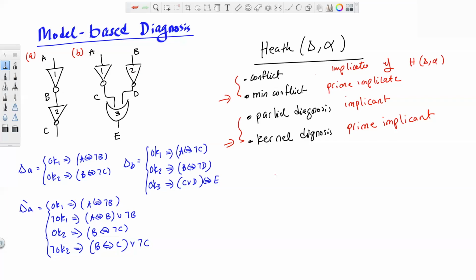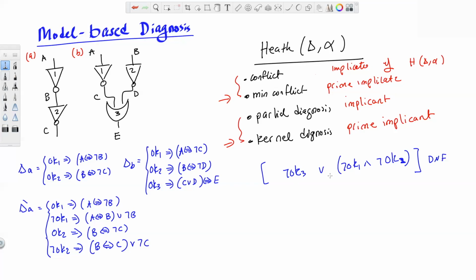When we did this example, one of you said, let's go ahead and say not okay 3 or not okay 1, and not okay 2. That was the health condition in that case. What form is this? This is a DNF in this case, right?